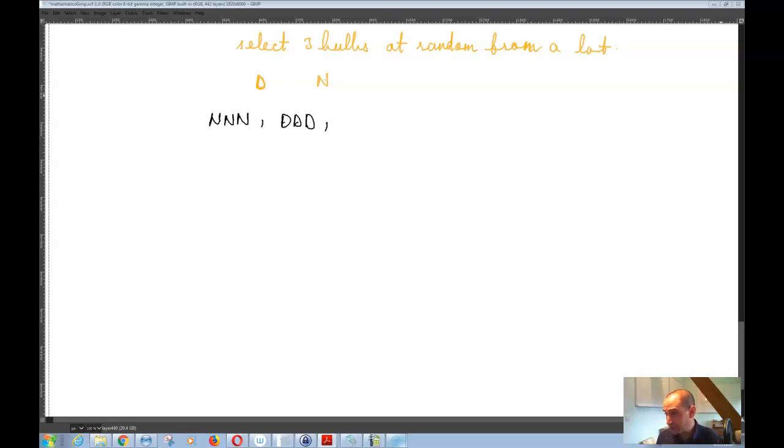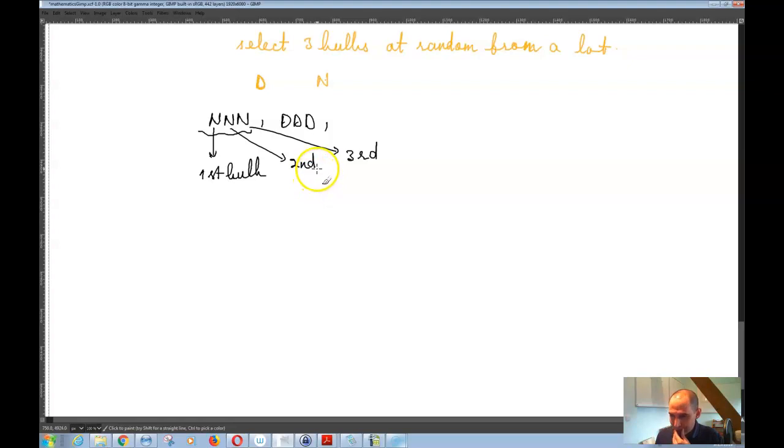And of course it seems that the order is important, meaning that, for example, I got 3 Ns over here. This represents the first bulb, this one represents the second bulb, and this one represents the third bulb, right?